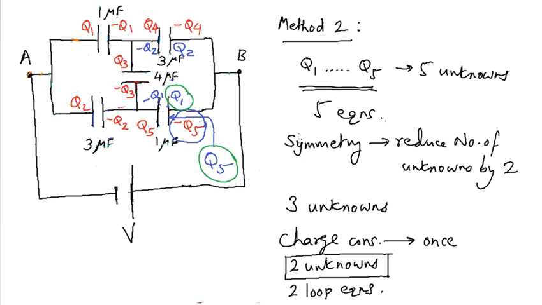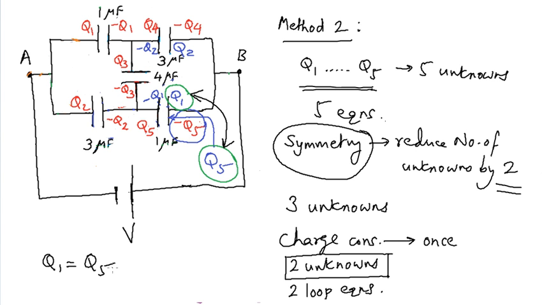We mentioned in the beginning that because of symmetry, we would be able to write 2 equations, and hence we would effectively reduce the number of unknowns by 2. Now we already have one of the equations, namely the equality between Q1 and Q5, which I'm going to write over here. Q1 is equal to Q5.